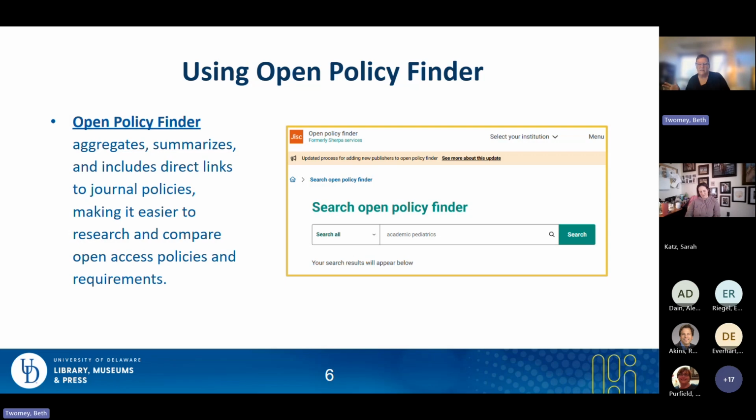And so one of the things that they do is they provide all of the information about the different publishing options, and they provide direct, deep links into the publisher websites, which if you've tried to hunt through a publisher website on your own, trust me, those direct links are precious.